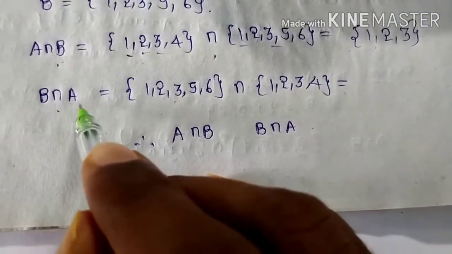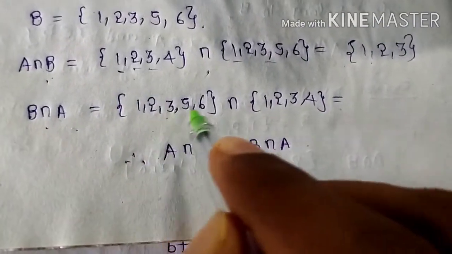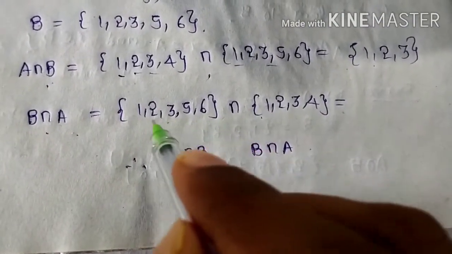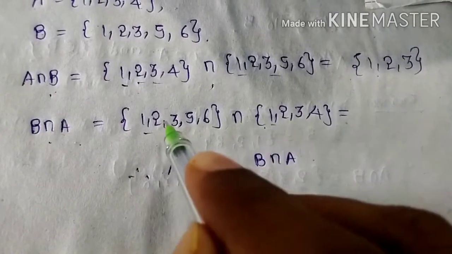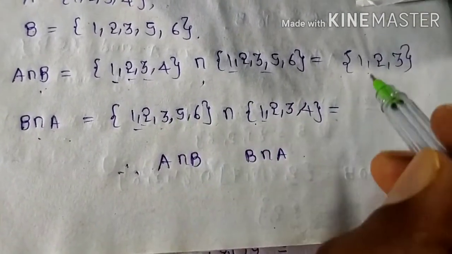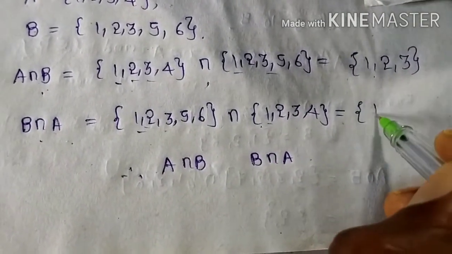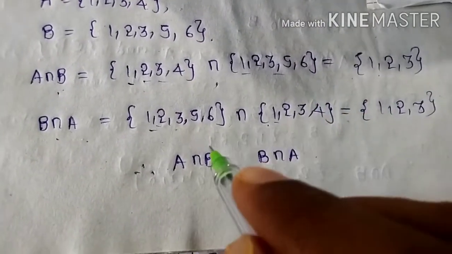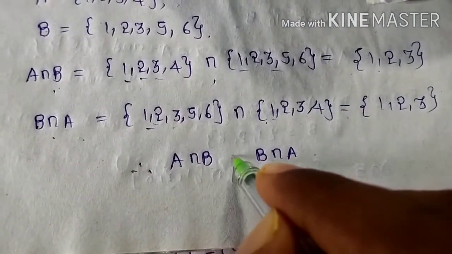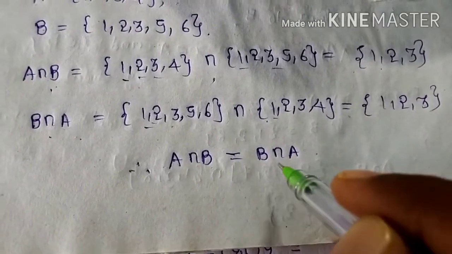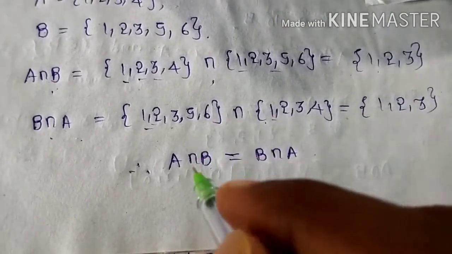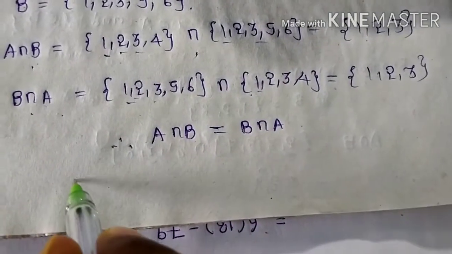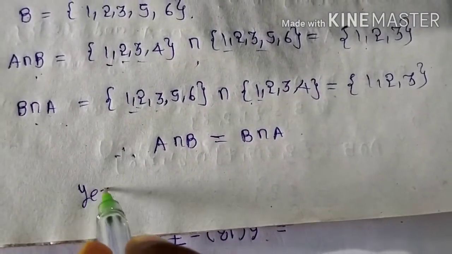Now you can see here B intersection A. Now you can see which elements are common in both the sets here: 1, 2, 3. Here also you can write 1, 2, 3 only. That means can I write A intersection B is equal to B intersection A or not? Yes. So in the question, are they equal or not?